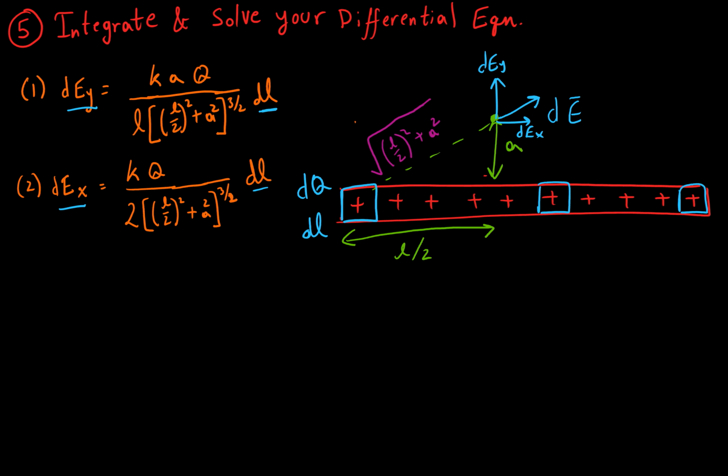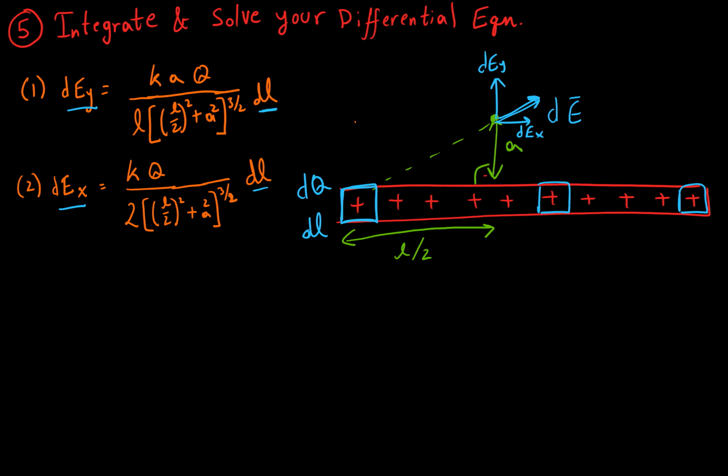For example, look at this wire. Isn't there some symmetry here we can immediately use to our advantage? Take a look at the charge at the end, dq, and at some infinitesimal length dl. Over here we said we got this electric field here.